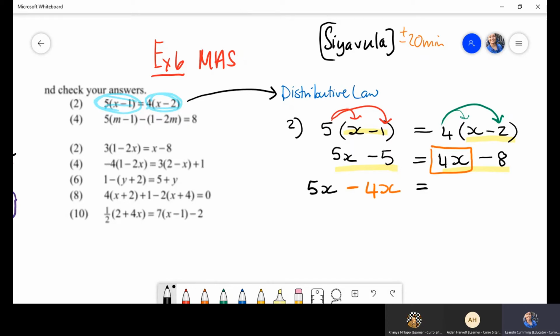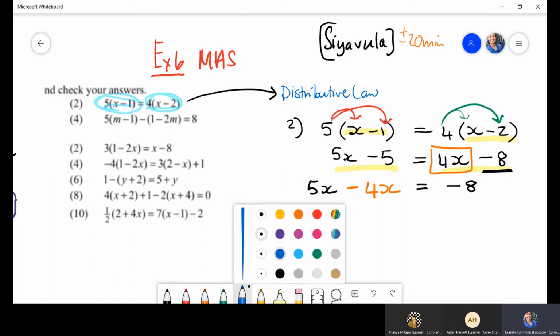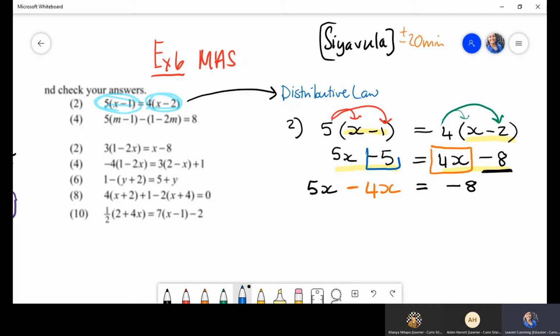And I'm going to keep my existing minus 8 on that side, but I'm going to scoot over this negative 5 and it becomes positive 5 the minute it crosses this equal sign.